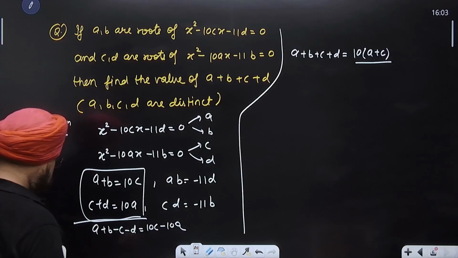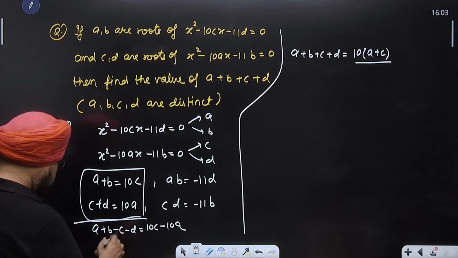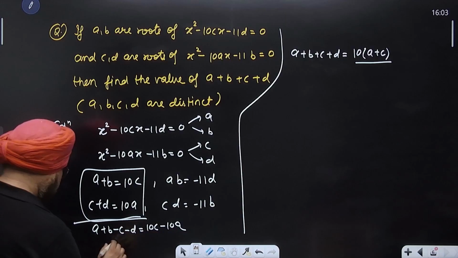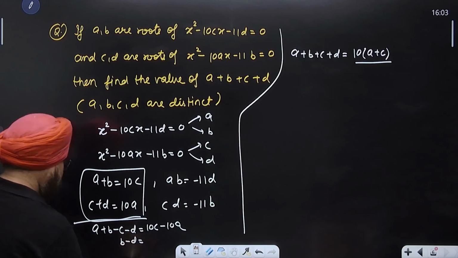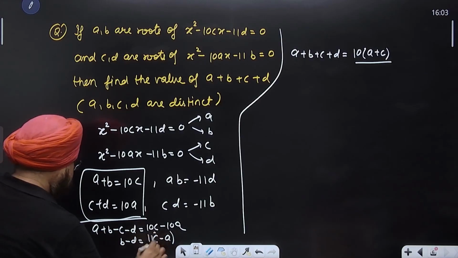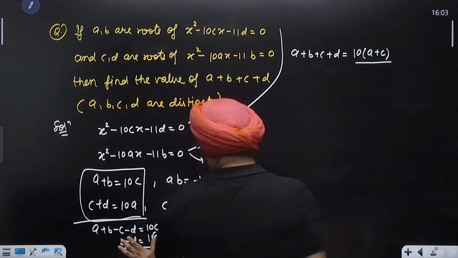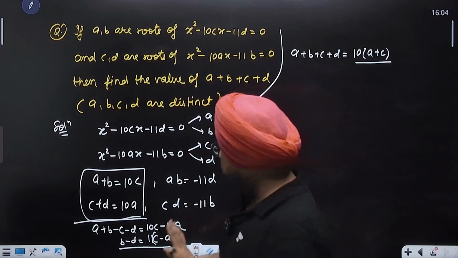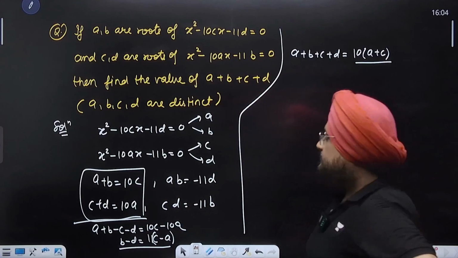So b minus d is equal to 11c minus 11a. We have got the relations in a, b, c, d by subtracting and adding these two equations.